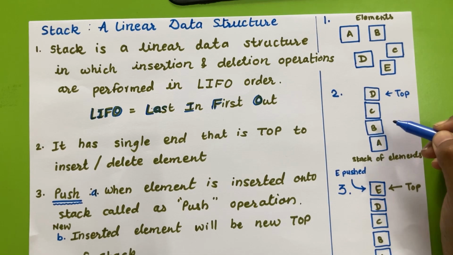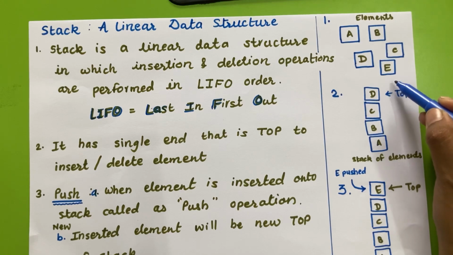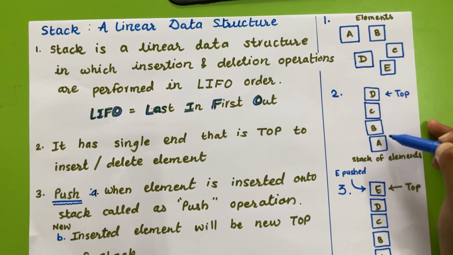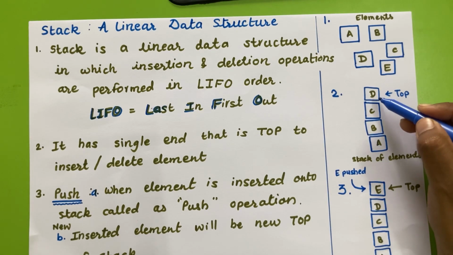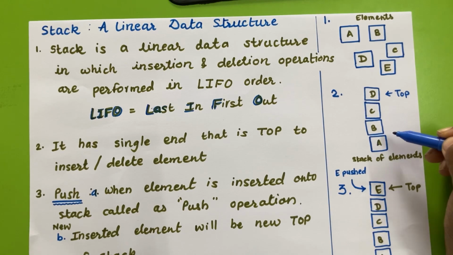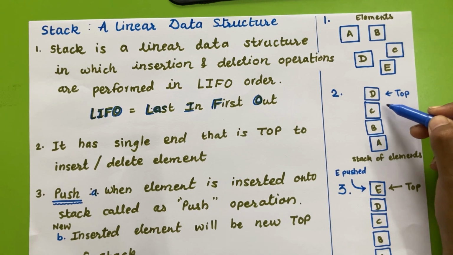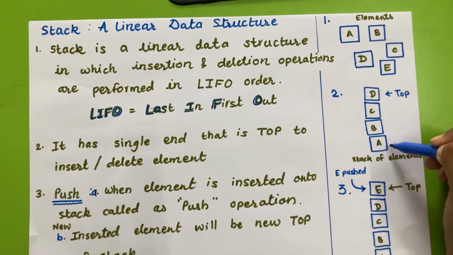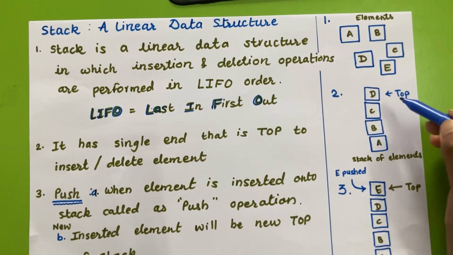We have only one end to insert into the stack of dishes, and only one end to remove a dish from the stack. We cannot remove any dish in between the top of the stack and the bottom of the stack.